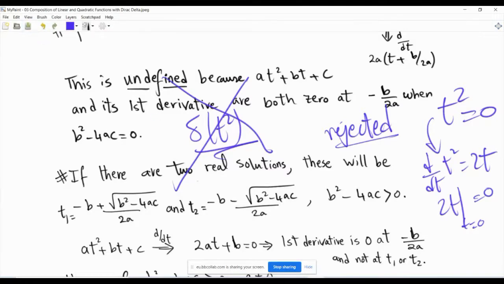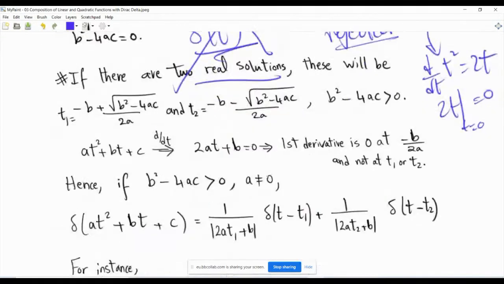If we have two real solutions, you can show that the quadratic, a t squared plus b t plus c, has two real roots if the discriminant b squared minus 4ac is positive, and you can check that the first derivative will be 0 at minus b over 2a.